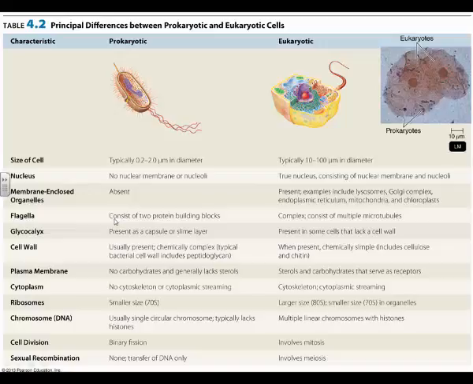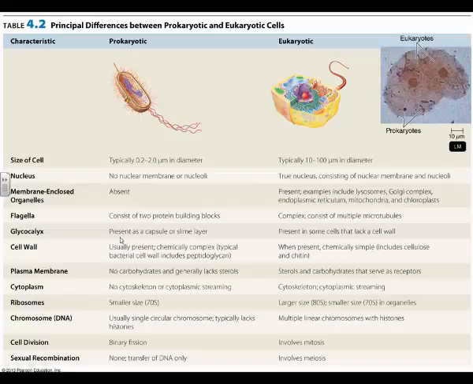There is a functional difference in the protein subunits of the flagella in prokaryotic versus eukaryotic cells, but I'm not going to expect you to remember that, and it's not relevant for treatment of infections caused by bacterial pathogens.